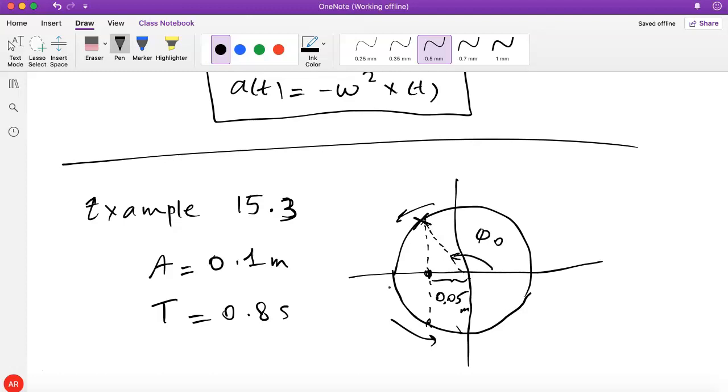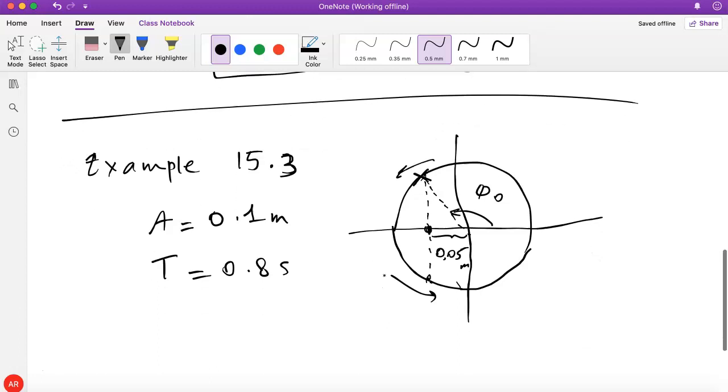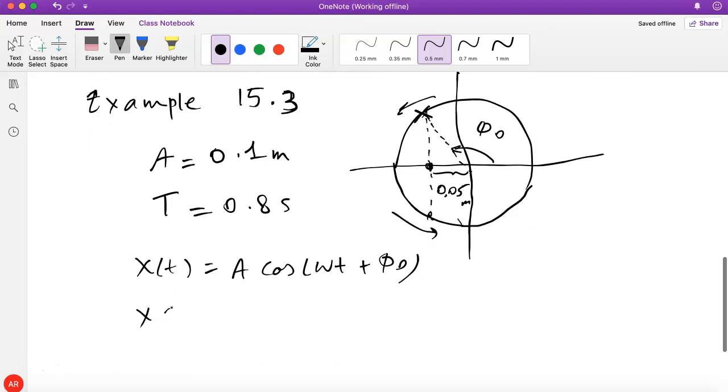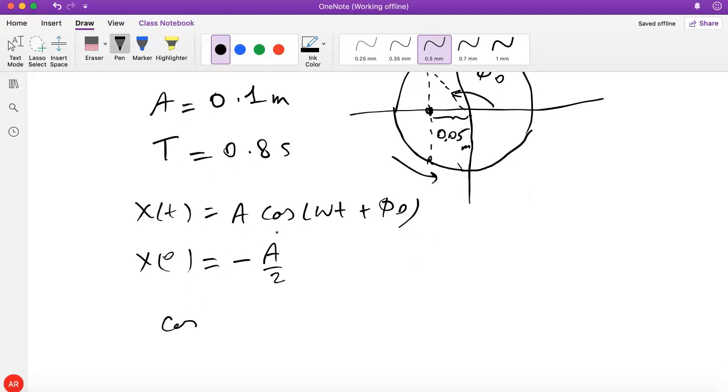All right, so what is it? Well, it's cosine, right? So if, let's say, x of t is a cosine omega t plus phi naught, we know that x of 0 is minus a over 2. So cosine, if I put 0, the omega t goes away. Cosine phi naught is minus 1/2.